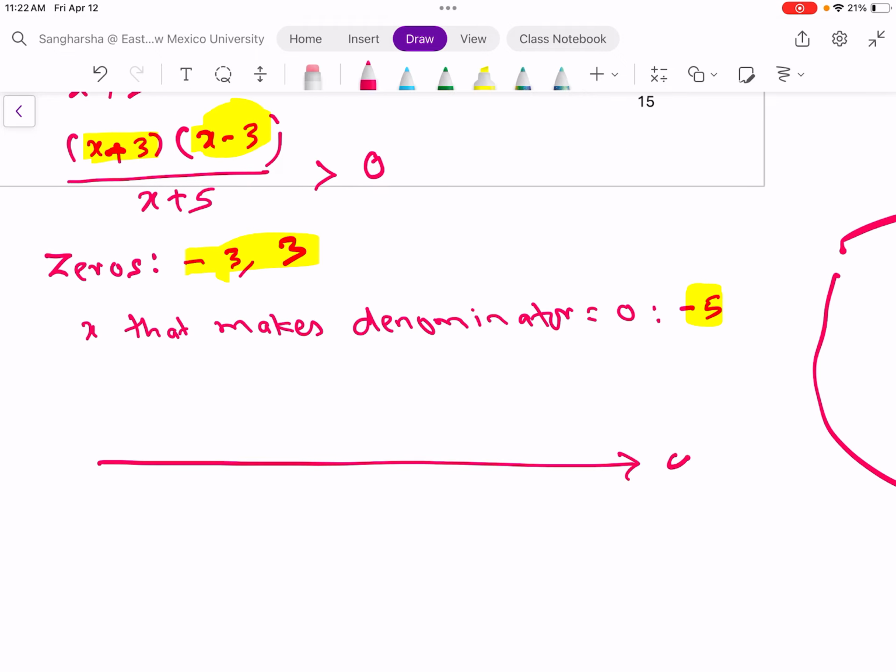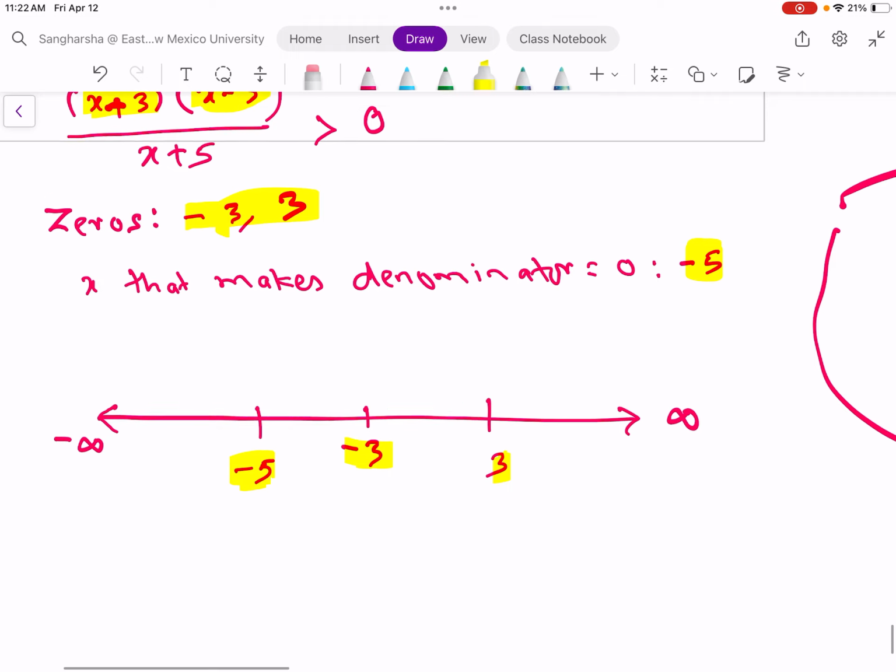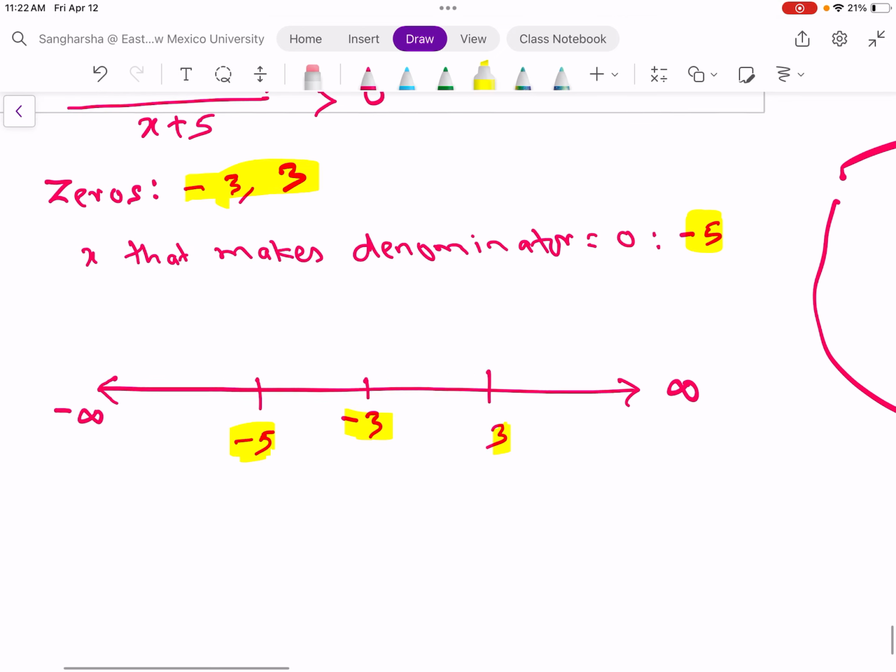We have negative infinity and positive infinity, with -5, -3, and +3. Make sure to use the zeros of the numerator and the x that makes the denominator equal to 0 to divide the number line. That's the extra step for rational inequality.